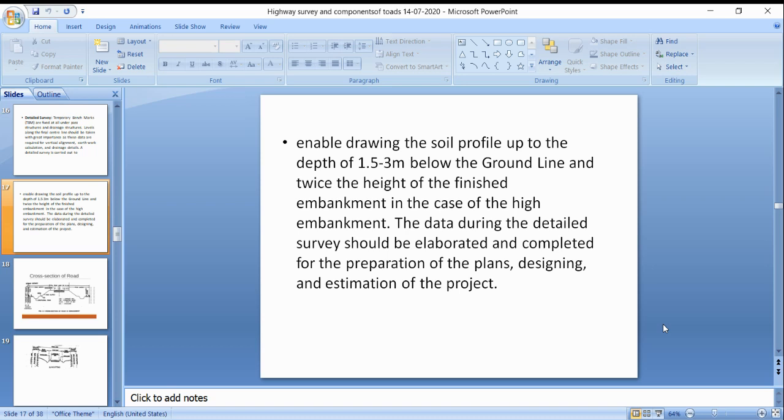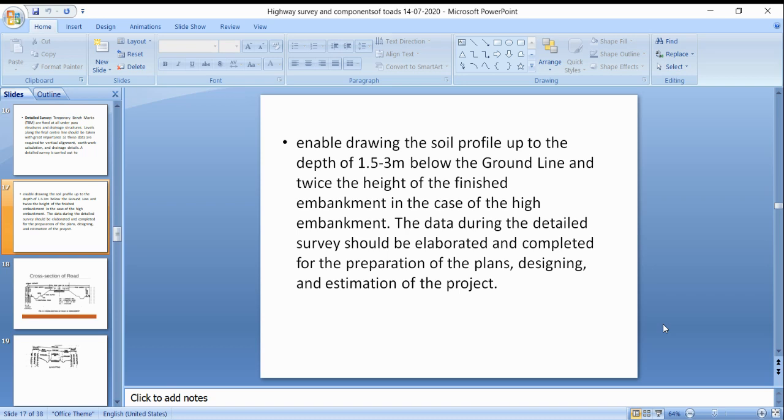For setting of the curves, the center line established in the field should follow as closely as practically possible the line finalized in the preliminary survey. That is done by the theodolite instrument. Temporary benchmarks are to be established at an interval of 300 meters, based on the Great Trigonometric Survey benchmarks, and cross drainage works are to be taken at 30 meter intervals.